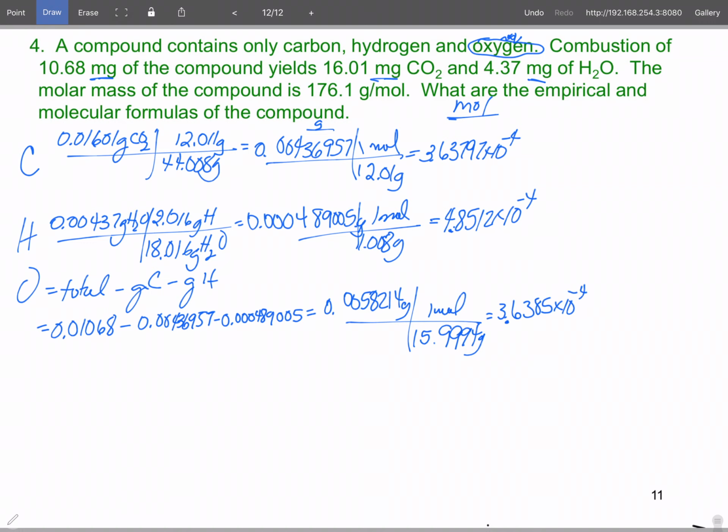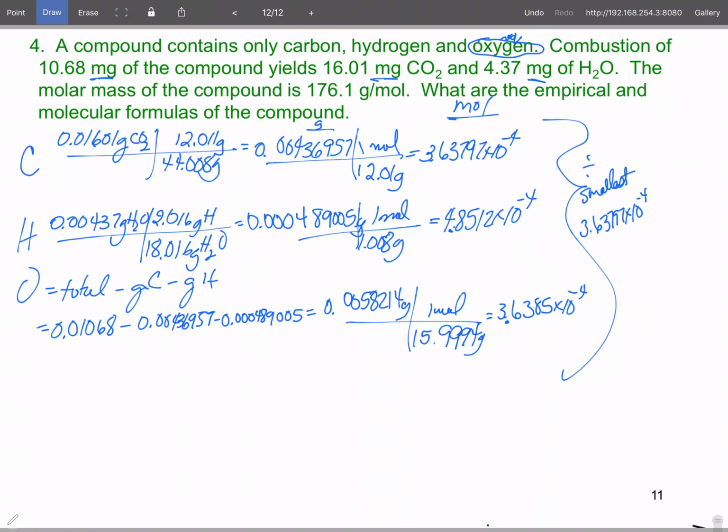Now, once we've got to moles, we may divide. We cannot divide until we get to moles. If you divide at grams, you get wrong answers. So we're going to divide by the smallest, which in this case, wow, they're all minus 4. So let's look for the smallest one. That will be 3.63797 times 10 to the minus 4th.